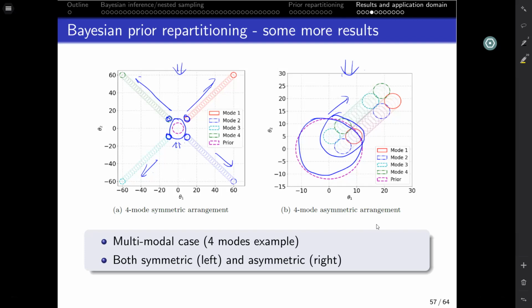But for this extremely asymmetric case, it can only find the front two modes, but fails to find the two modes behind it.